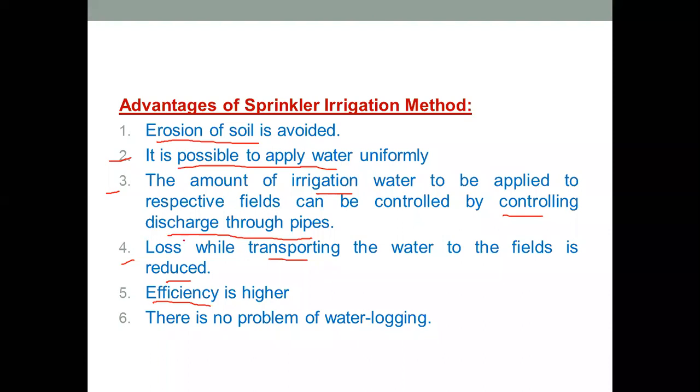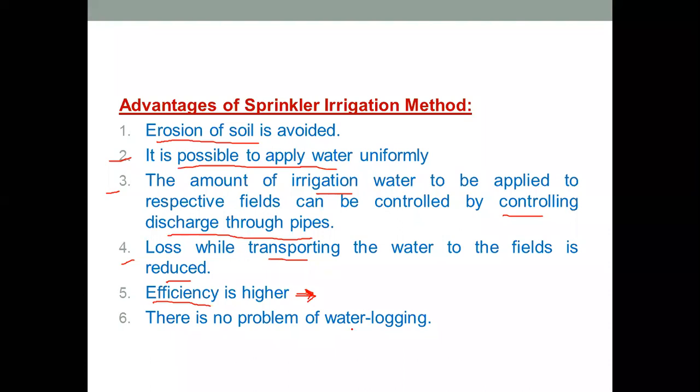So the fifth advantage of sprinkler irrigation method is that efficiency is higher. Efficiency in a sprinkler irrigation method is higher than in all the surface irrigation methods such as free flooding, border flooding, drip irrigation method. And lastly, there is no problem of waterlogging.